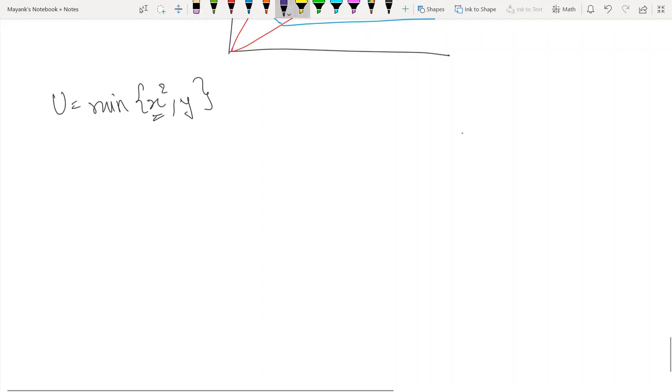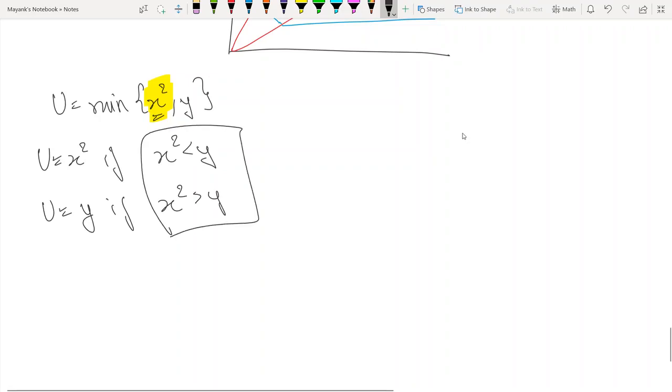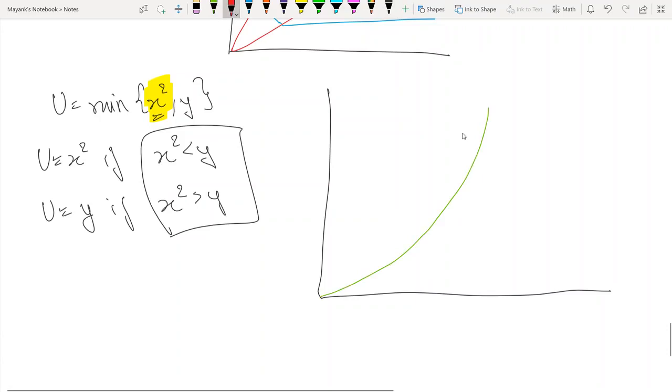So it reports x square if x square is less than y, and u equals y if x square is greater than y. So what's the dividing boundary? y equals x square. So it's no longer a line, it's a curve. The dividing boundary now is the y equals x square curve, which looks like this.